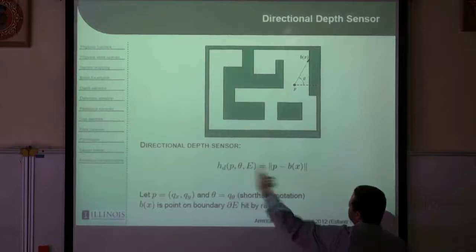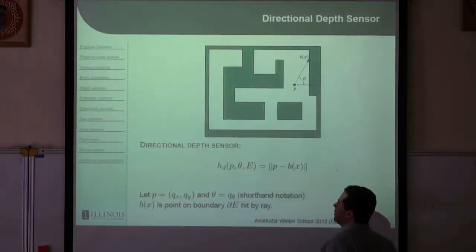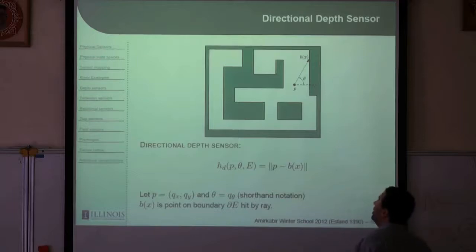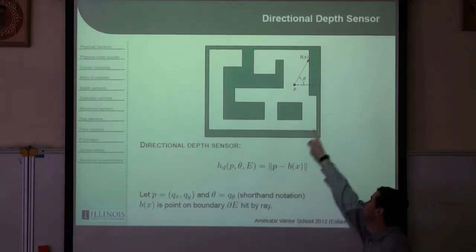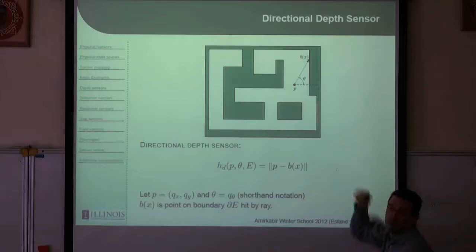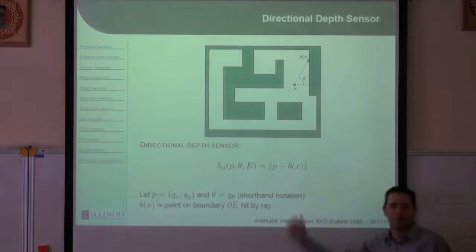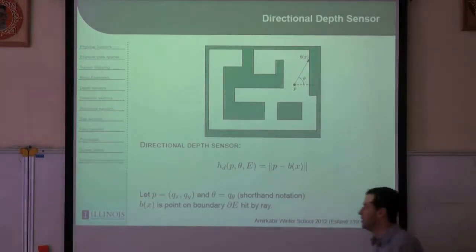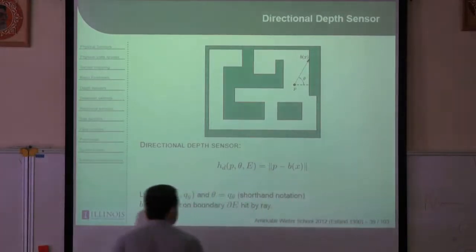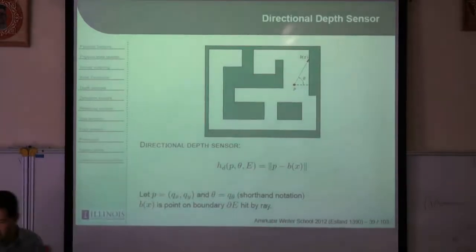The state here, I've written it two different ways, but it includes position, orientation, and environment. So given those things, I just take the distance between the position and B of X, which is this point you hit on the wall there. So wherever I hit, when I'm pointing in some position or orientation, I take the norm of that, I just look at the distance, right? The value there. And that will give me some measurement.